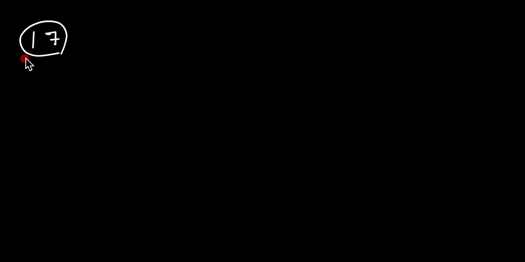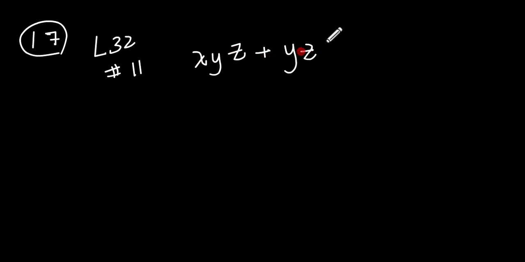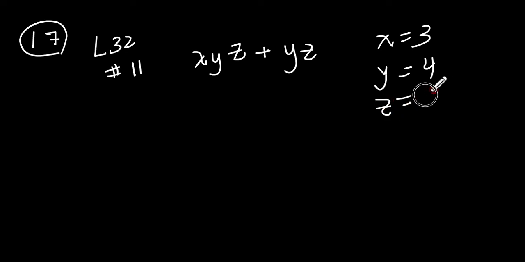I had them out of order on my paper, so I might have forgotten to do one. This is from lesson 32, number 11. It's xyz plus yz, and we have x equals 3, y equals 4, z equals 5. So we're going to make parentheses wherever the variables are.